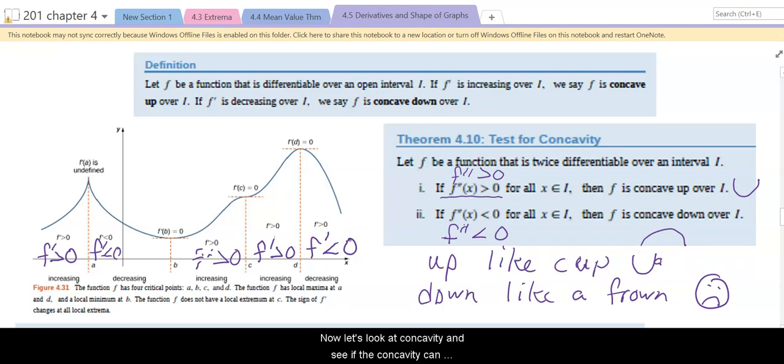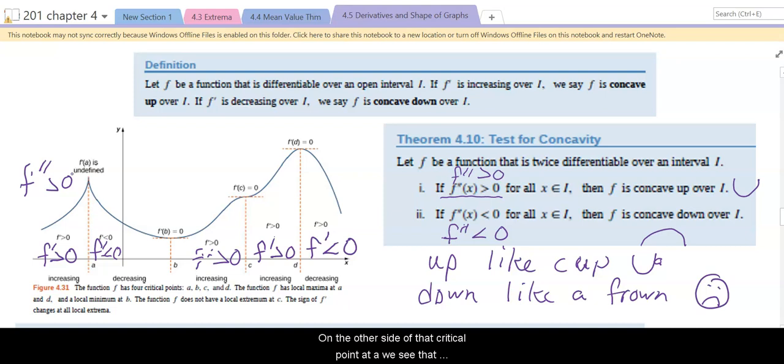Now let's look at concavity and see if the concavity can help us figure out where relative extrema might occur as well. When we're looking at the first region between negative infinity up to A, we can see that in general it looks like this part of the graph is curved up like a cup. This must mean that the second derivative is positive in that region.